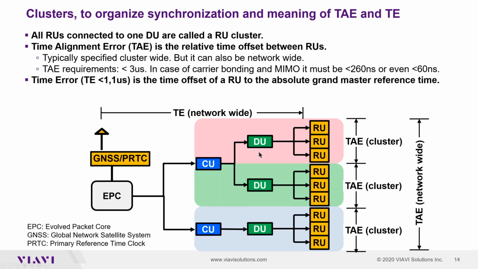So this is the time error, and the time error is in the range of below 1.1 microseconds. So here we should have a maximum error of 1.1 microseconds. If the network introduces 1.1 microsecond, let's say plus, then the radio unit is 1.1 microseconds away from the reference time.